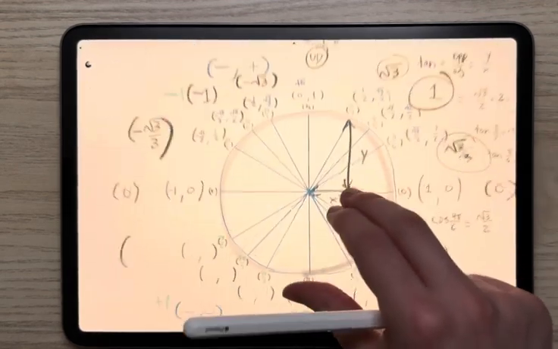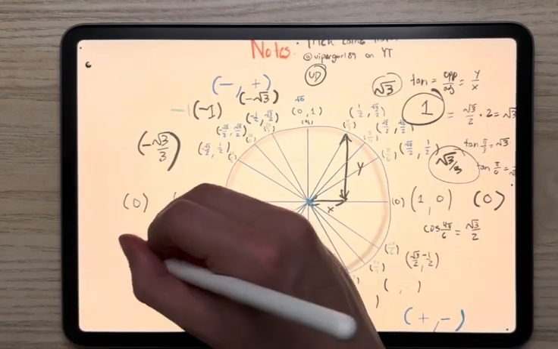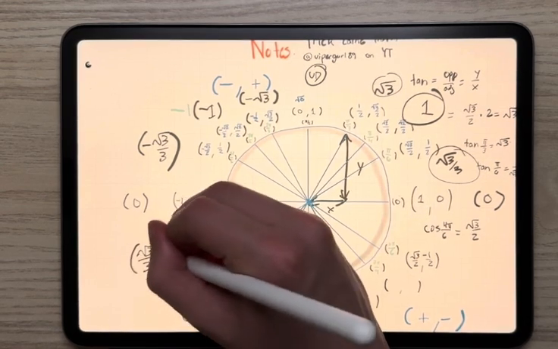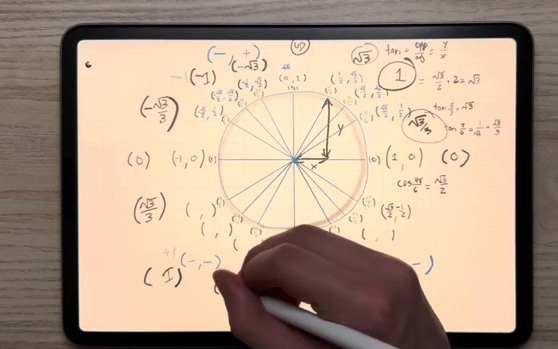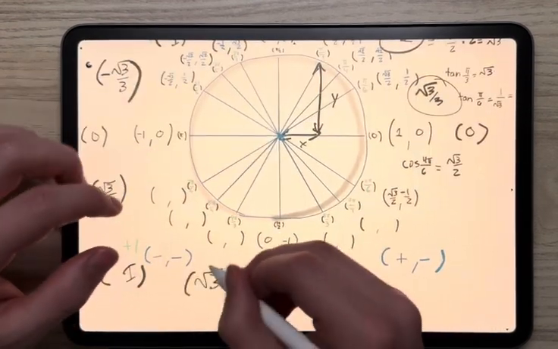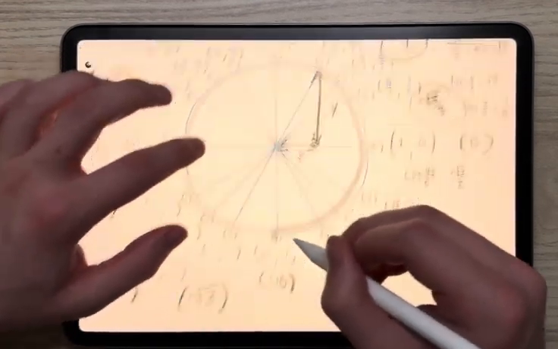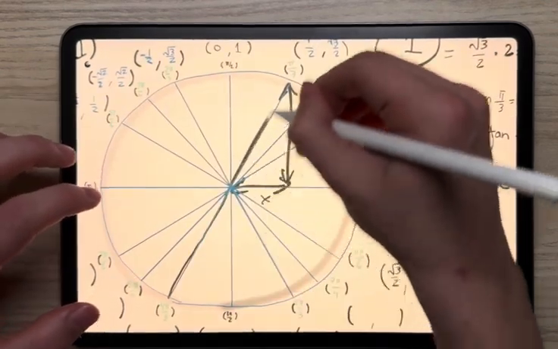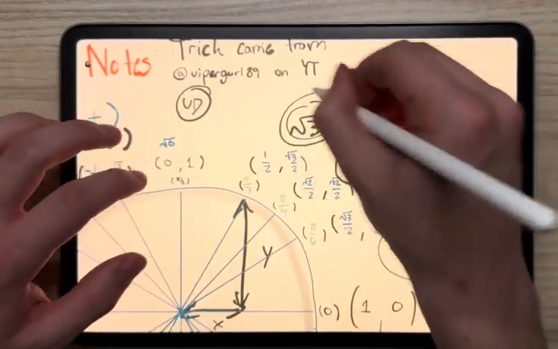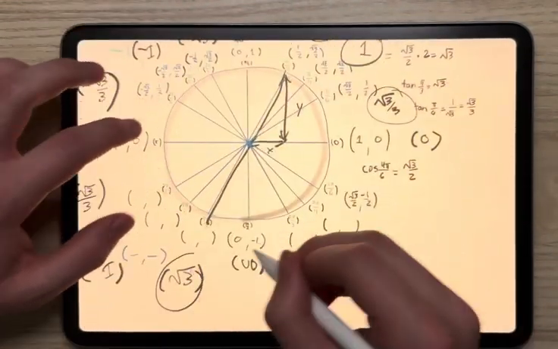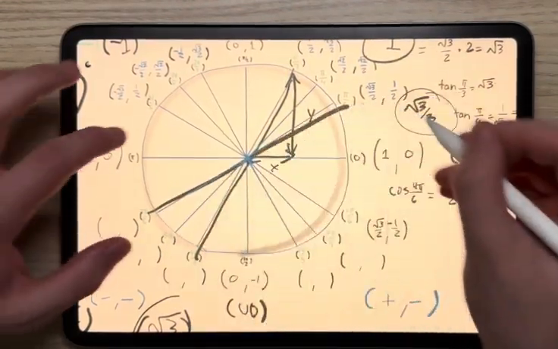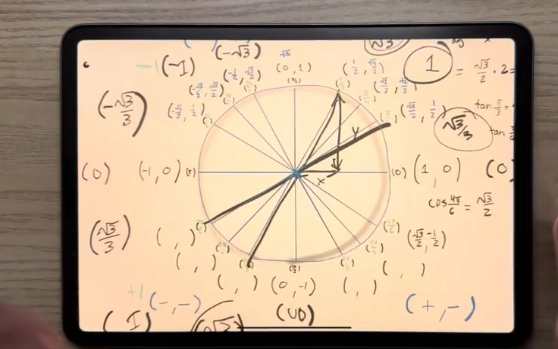So the tangents of this will have the same as the lines that go straight through it. So this one has a tangent of root 3, because this is the same line as the line that has a tangent of root 3. So that's why these ones are the same. And these ones are also root 3 over 3, because they're the same line and they have the same slope.